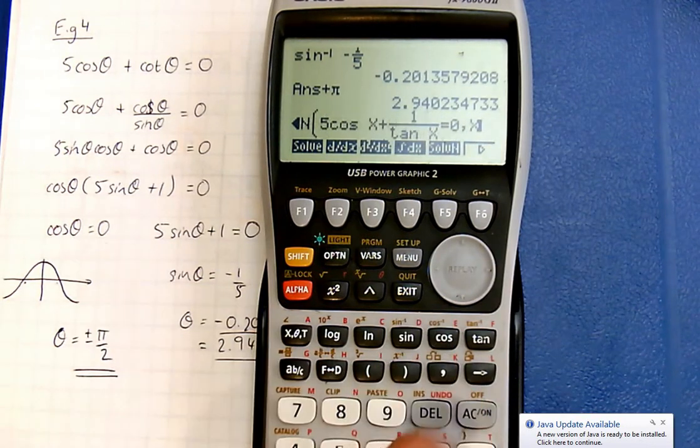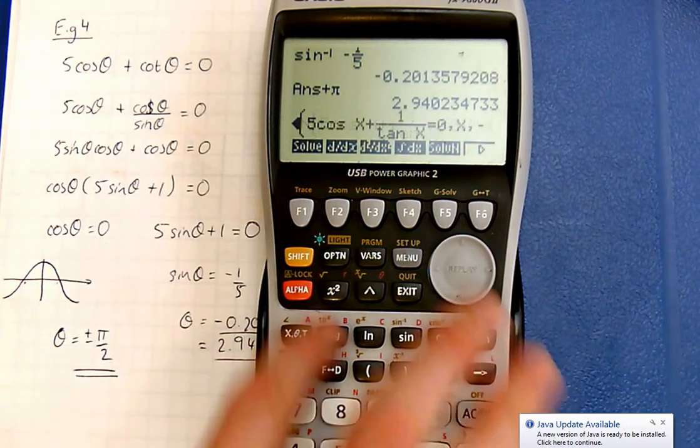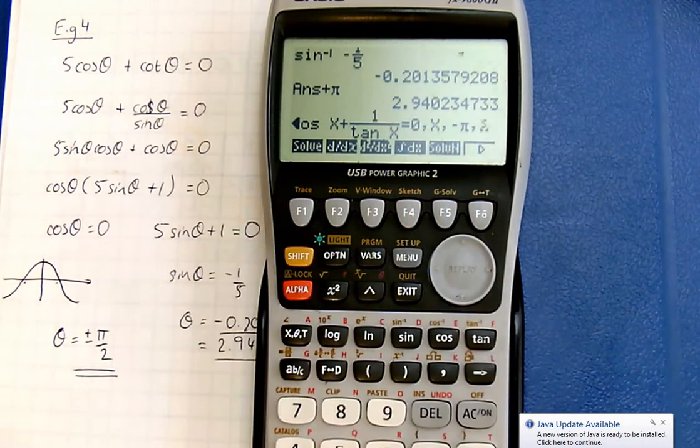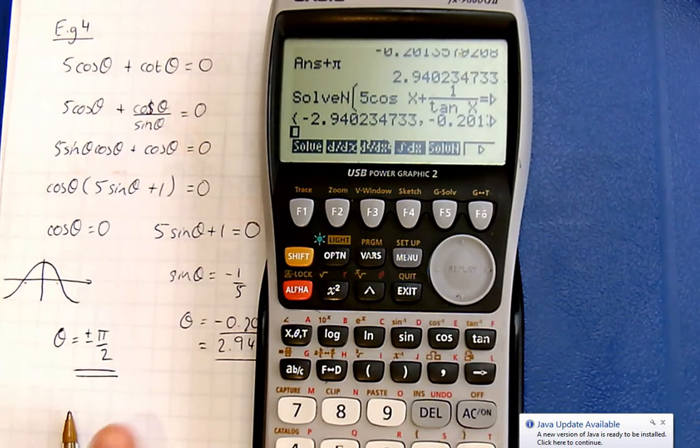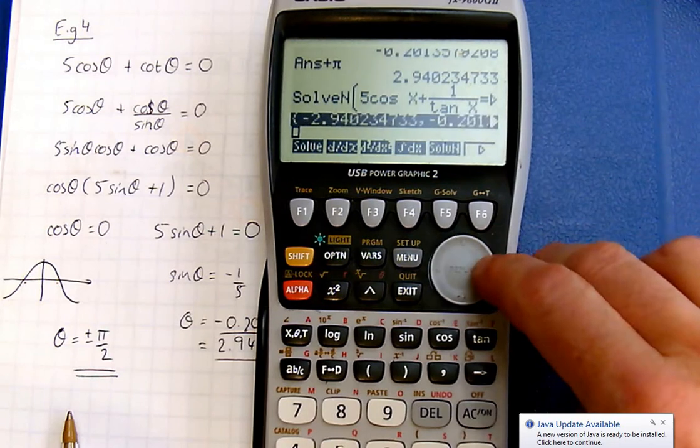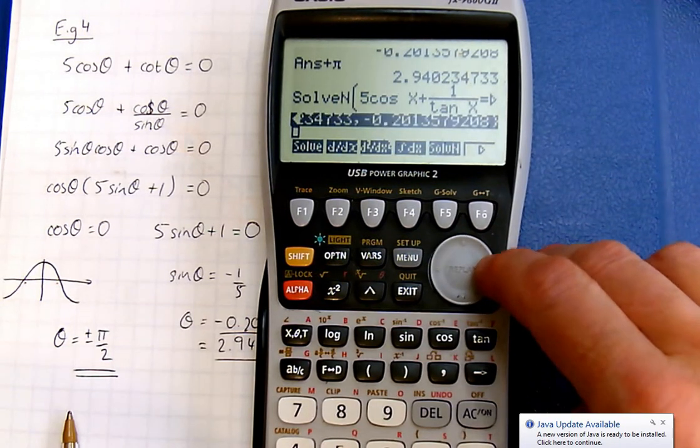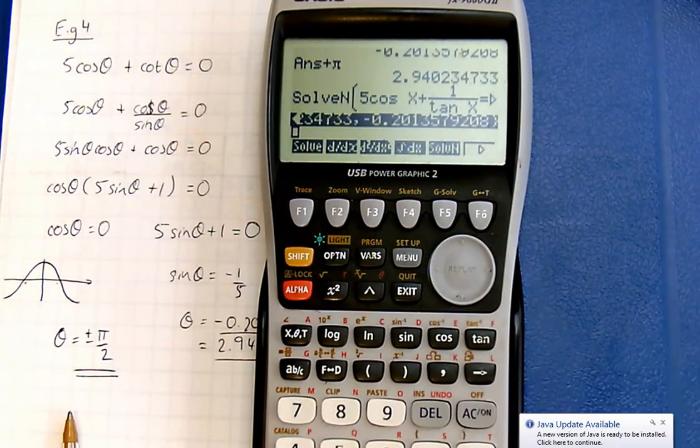And our variable's called x. We're going from negative pi to pi. And let's see what the calculator gives us, hopefully 4 answers. We get negative 2.94, excellent. And then we've got negative 0.201, great. Now it hasn't given us the other two solutions, okay?